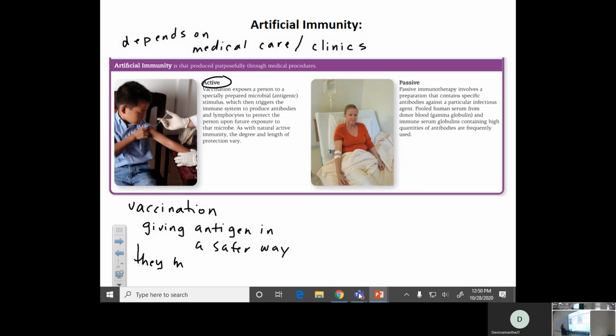And then the people make their own antibodies. They're making their own antibodies after they get an injection of the antigen from the particular disease. That would be active artificial immunity.